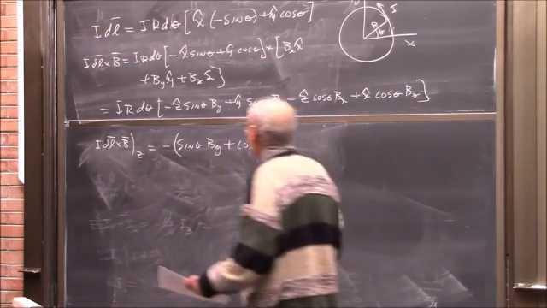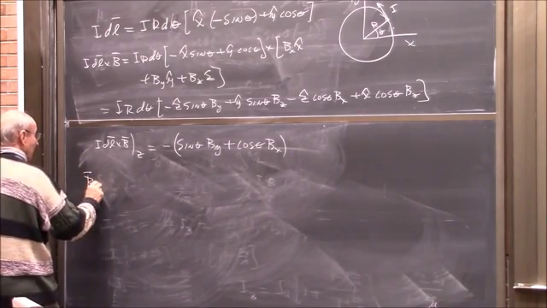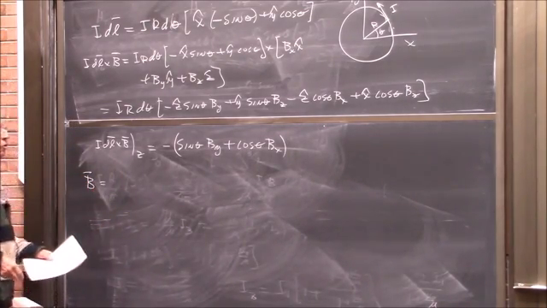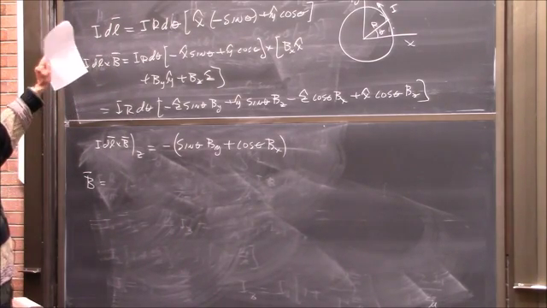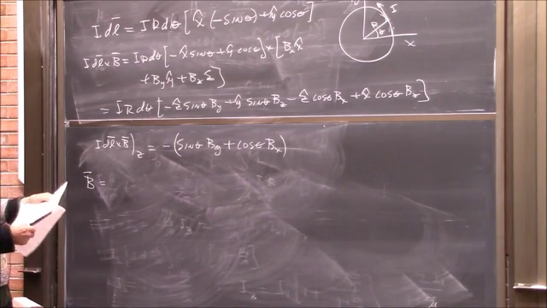All right. Well, we found B due to current loop number 2 down here. And the B we found, let's go back to that.